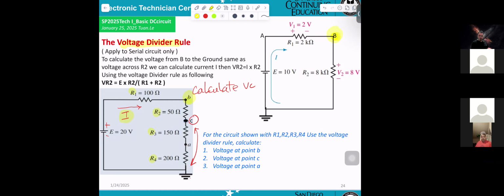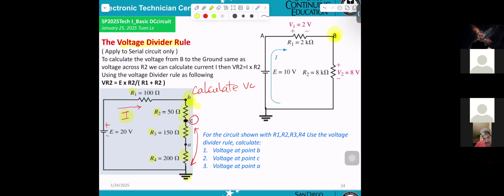And for VB, that means from B to ground, you get one voltage drop here, adding one voltage here, adding one voltage here. That means VB.